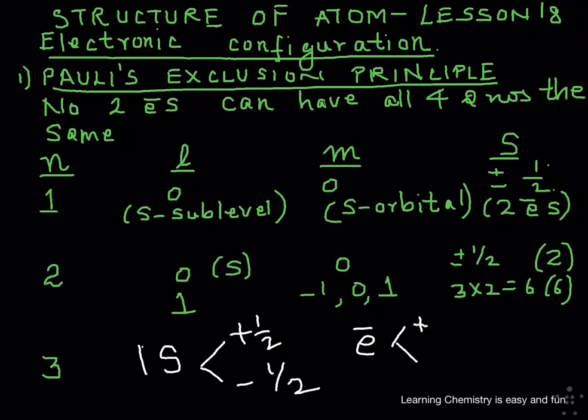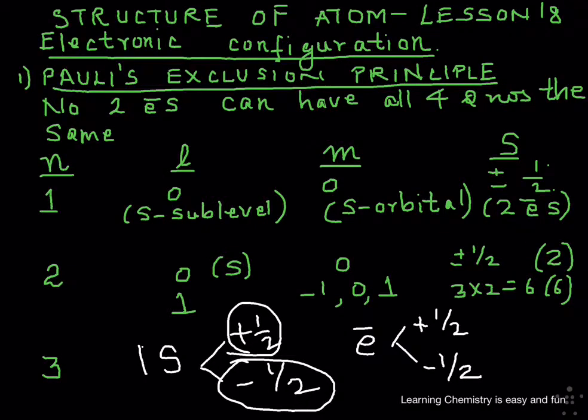If the spin of this electron is plus half, that means all 4 quantum numbers are the same as of this electron. On the other hand, if it has a spin minus half, this electron will have all 4 quantum numbers as of the second electron, which goes against the Pauli's exclusion principle, which says that no 2 electrons can have all 4 quantum numbers the same.